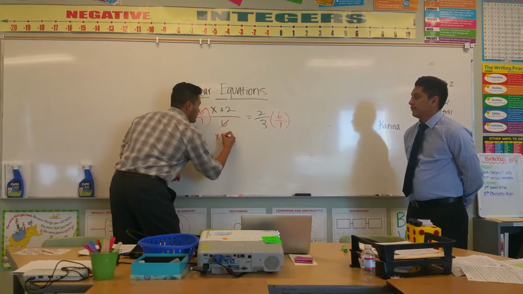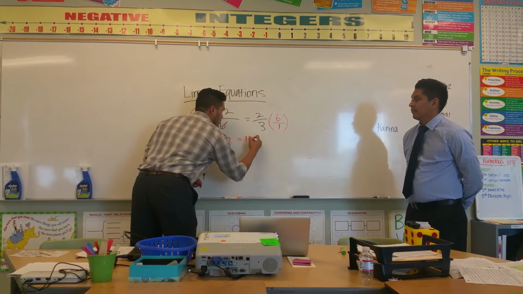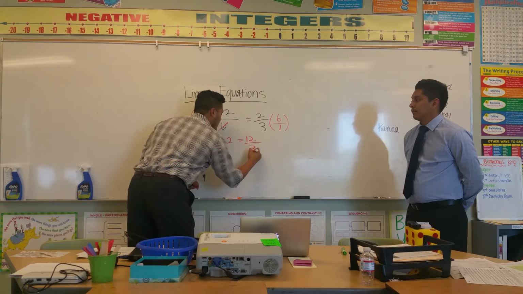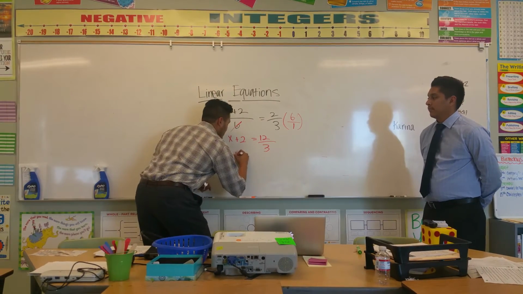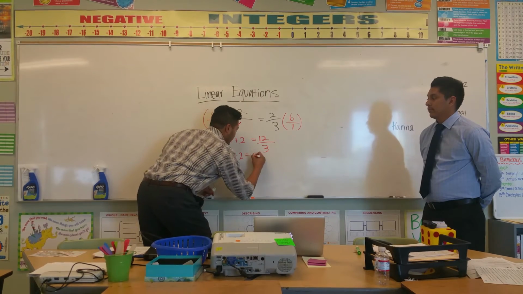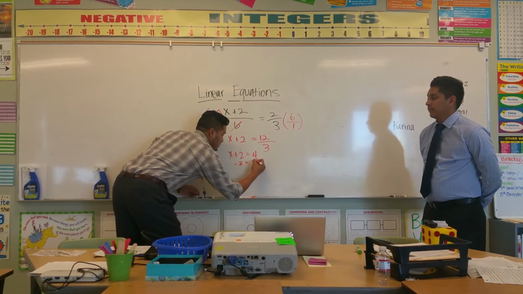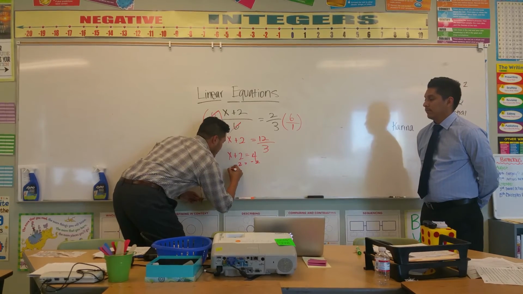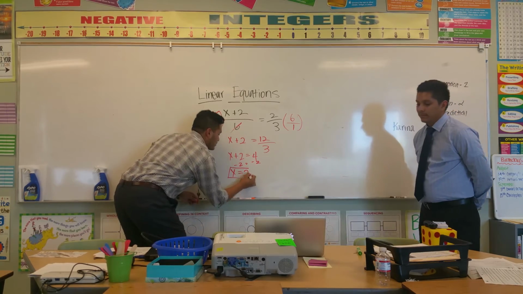We end up with x plus 2 is equal to 6 times 2 is 12, 3 times 1 is 3, 12 over 3. So x plus 2 is equal to 4. One last step, we'll subtract 2 from both sides. We get x is equal to 2.